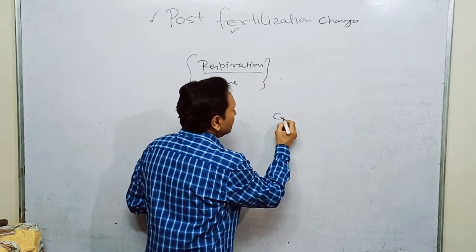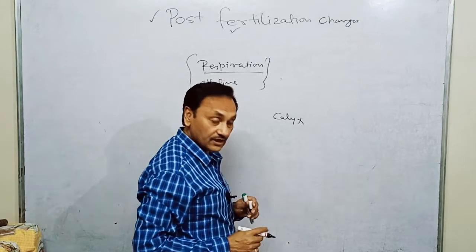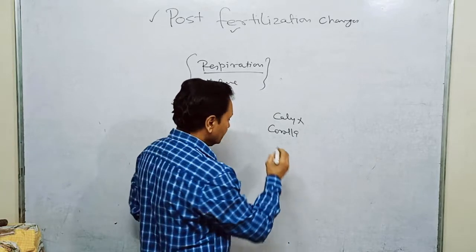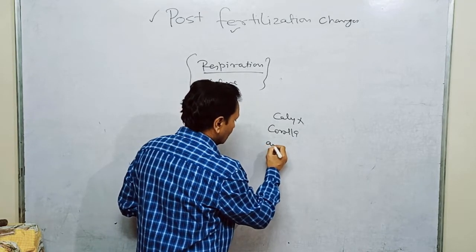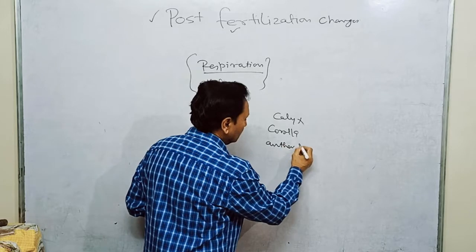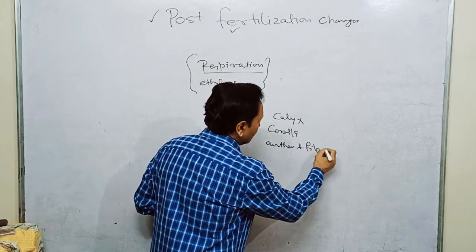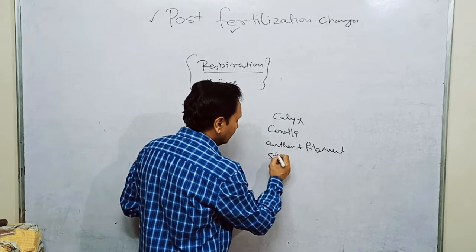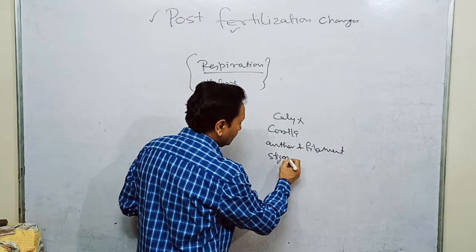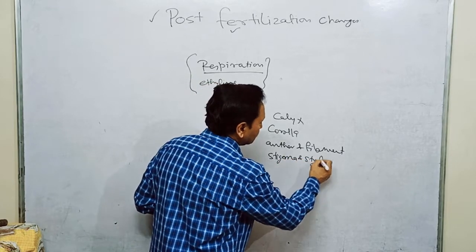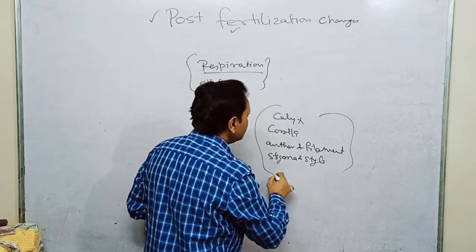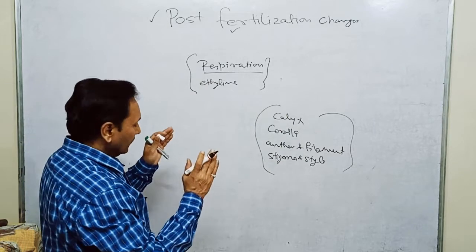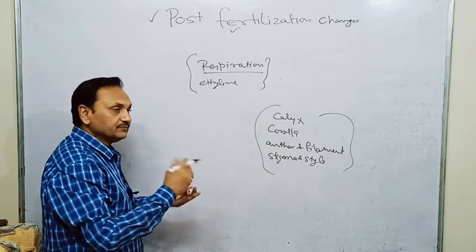The calyx in most cases, the corolla in all cases, the anther and filament in all cases, and the stigma and style disappear. Only the ovary remains, and the ovule is present inside the ovary.